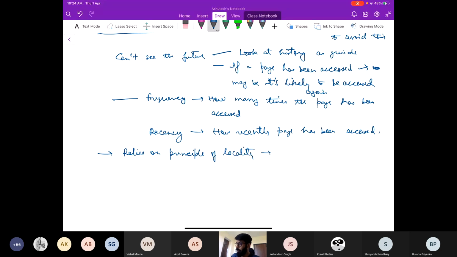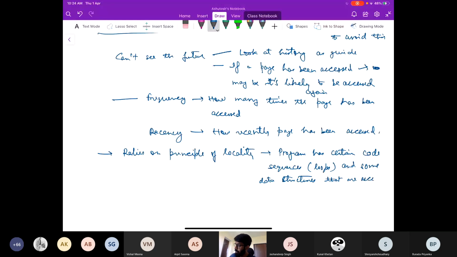And what does the principle of locality say? That the program has certain code sequences like loops and some data structures that are accessed frequently.